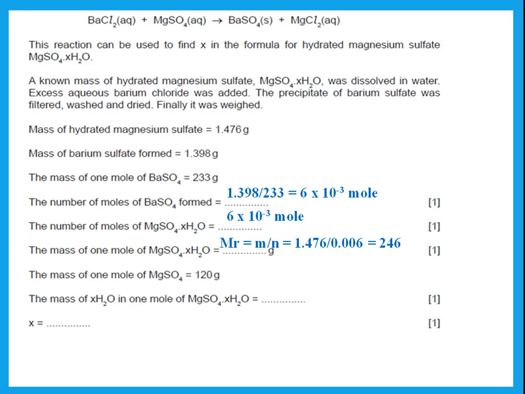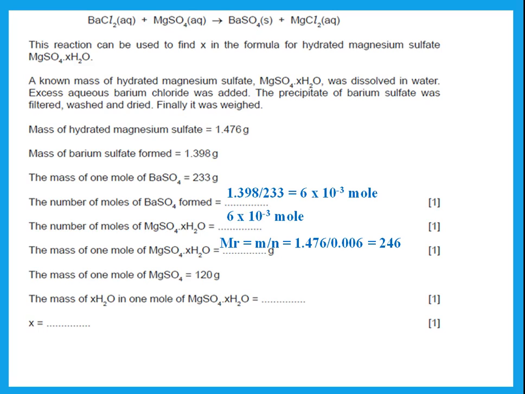The mass of hydrated magnesium sulfate is 1.476, and the number of moles I have already calculated, 6 times 10 to the minus 3 or 0.006. That gives me a molecular mass of 246. So now I know that the total molecular mass of MgSO4·xH2O is 246.